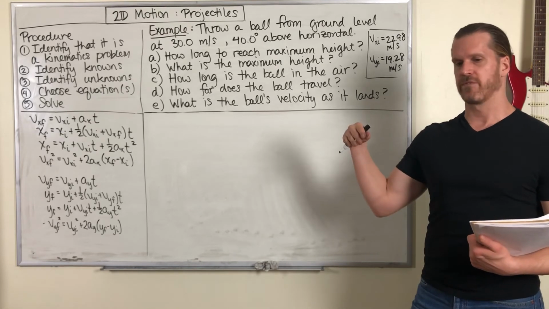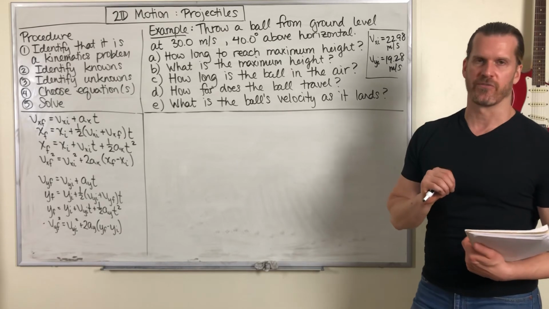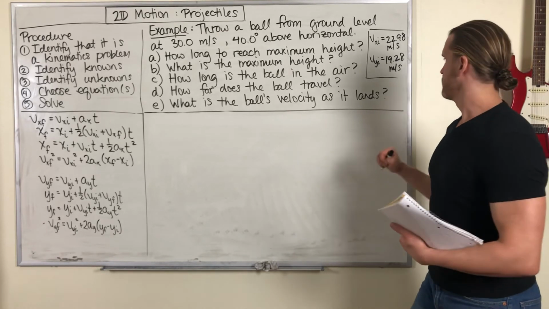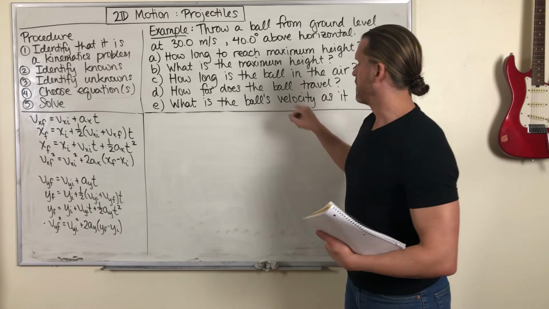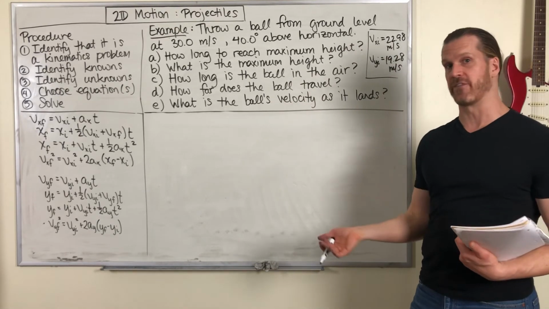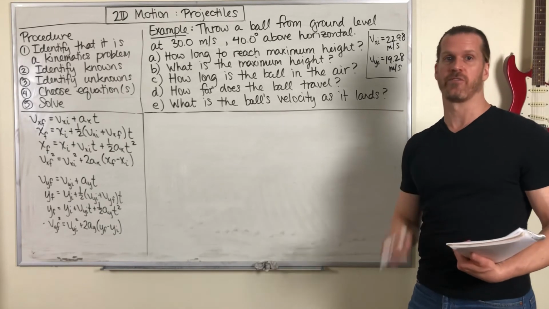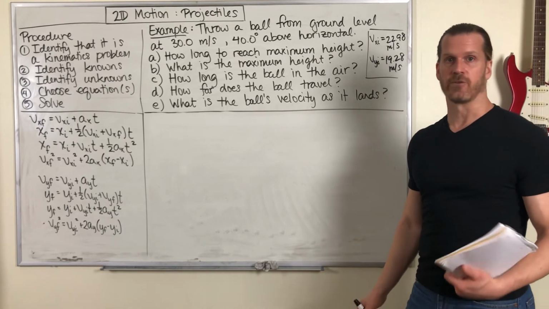It means the split second, that instant right before the ball strikes the ground. And when I say velocity, I mean vector. So we'll write this answer in vector form. We'll do it in component form, and we'll also figure out the magnitude and angle.